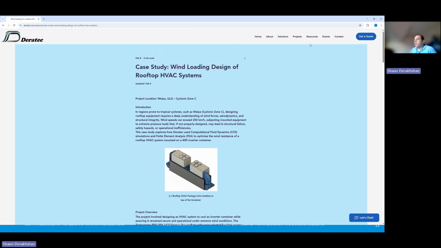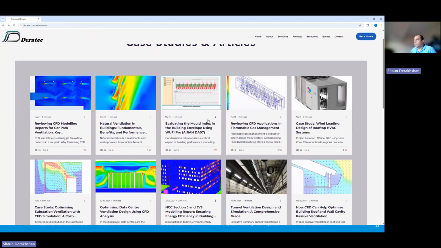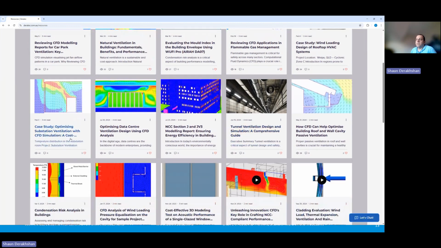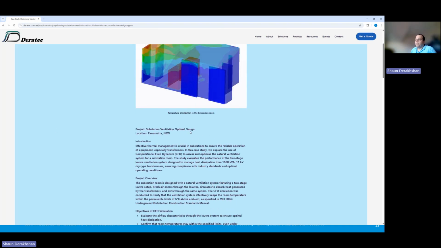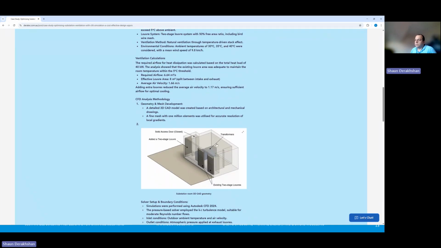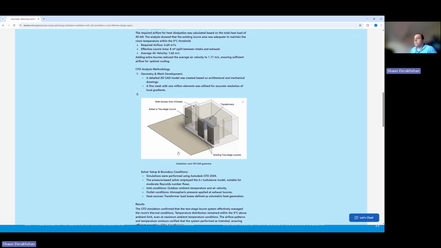So this is one application of simulation. If we go back to our resources, for example, this is ventilation. This is a plant room in Parramatta. We have a transformer here. The design relied on fan mechanical ventilation, but they approached us. We designed for them fully natural ventilation, 100% natural ventilation using louvers.